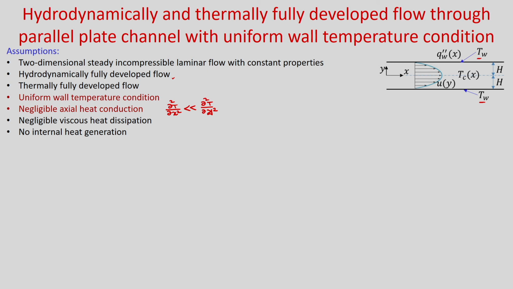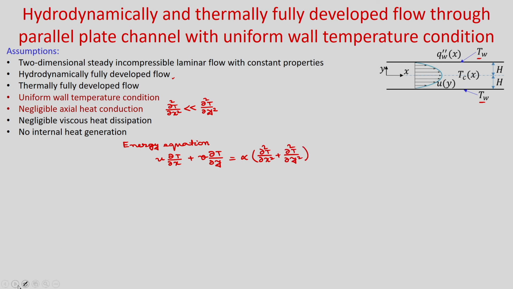Now, with these assumptions we will start with the energy equation and invoke these assumptions to simplify it. So, the energy equation is U del T by del x plus V del T by del y is equal to alpha, thermal diffusivity, times del 2 T by del x square plus del 2 T by del y square. So, this is your energy equation.